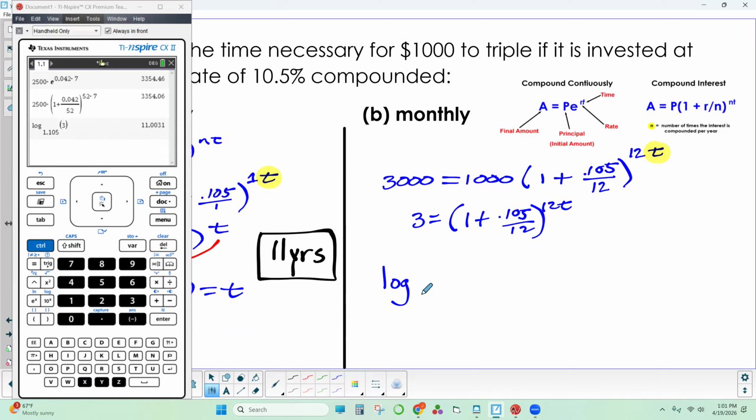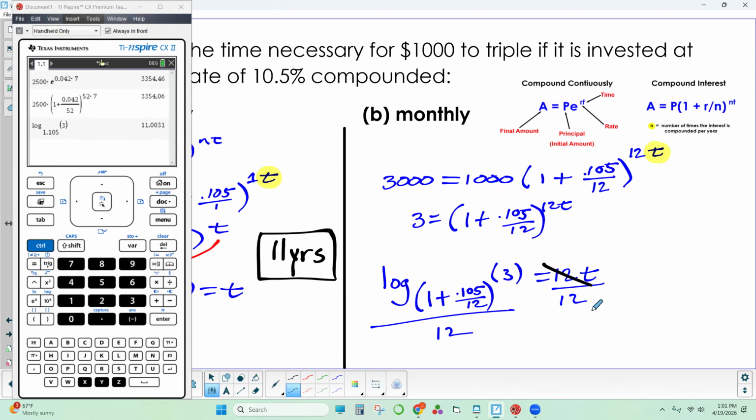Log base 1 plus 0.105 over 12 of 3 equals 12t. Now I need to isolate that t, so I'm going to divide both sides by 12. Okay? 12 cancels here, and I have t equals my log divided by 12.